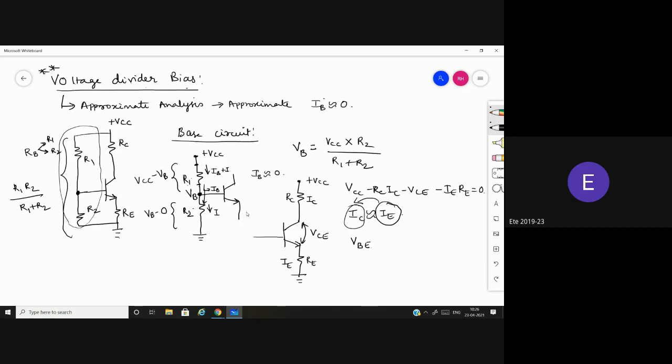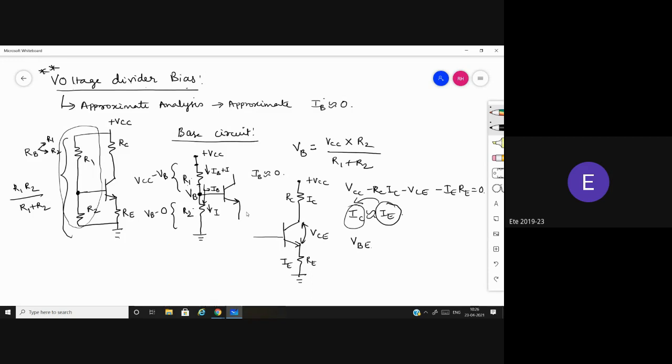In problems also, you have to take it directly. They will not directly mention that the VBE value is 0.7. They'll tell you it is a silicon transistor, and that means you have to understand that the base to emitter voltage is 0.7. You should take it directly, so don't expect that it will be given in the question.